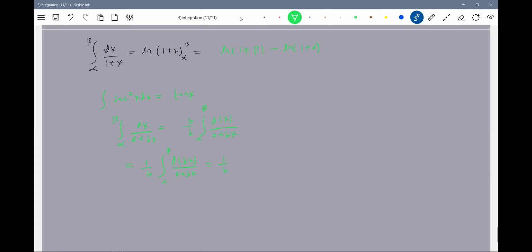Then 1 by b, derivative of bx. So this will become log of a plus bx, with limits alpha and beta. Now what is the value of this further? 1 by b log of a plus beta x minus log of a plus alpha x.